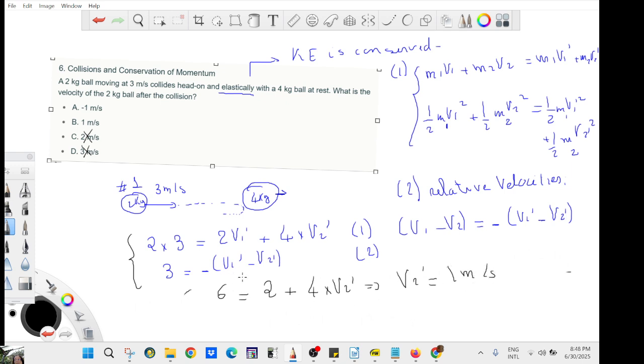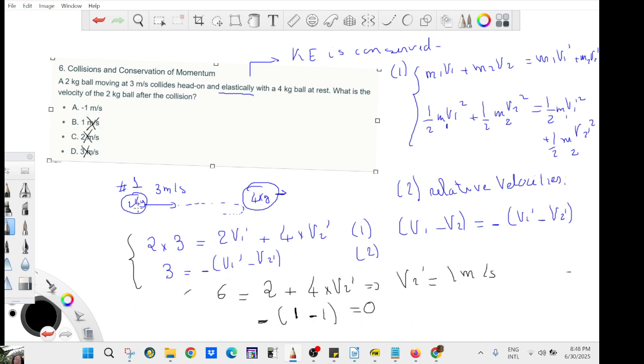Okay, so let's check with equation 2. We have minus v1 prime, which is 1, minus v2 prime, which is 1, which is 0. So no, that doesn't work.